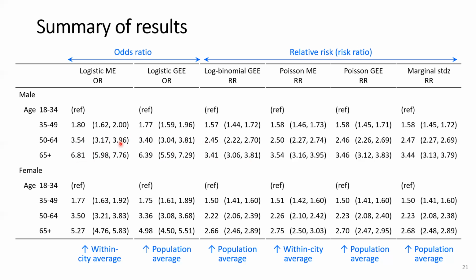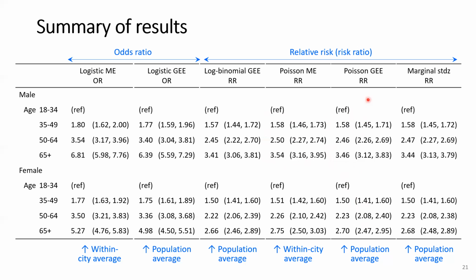And just to review, the value obtained from the mixed effect model is somewhat higher as compared to the other, which is usually the case. For the Poisson model, this is from the mixed model and this is from the GEE model, and the mixed model numbers are somewhat larger as compared to the GEE model, as we expected.